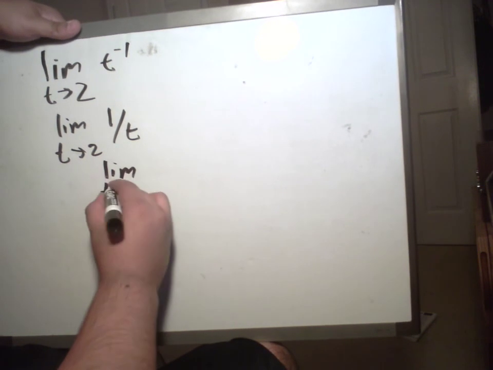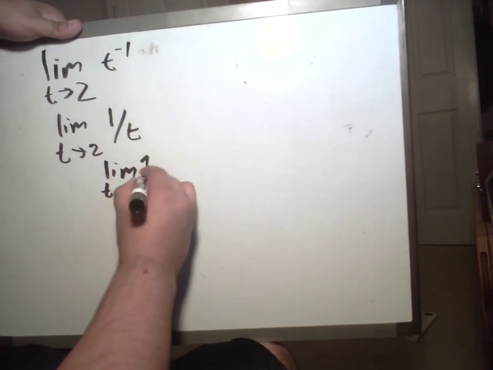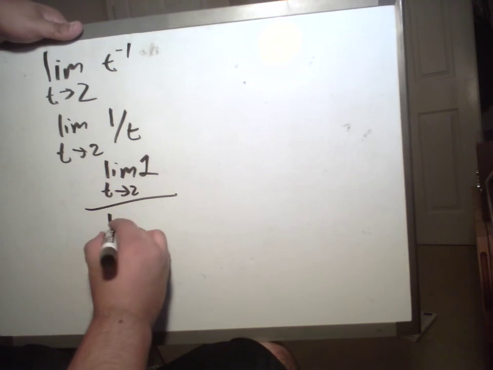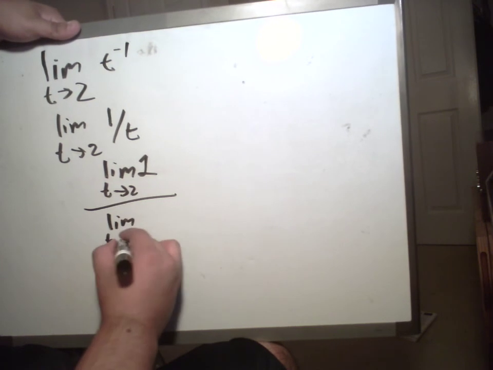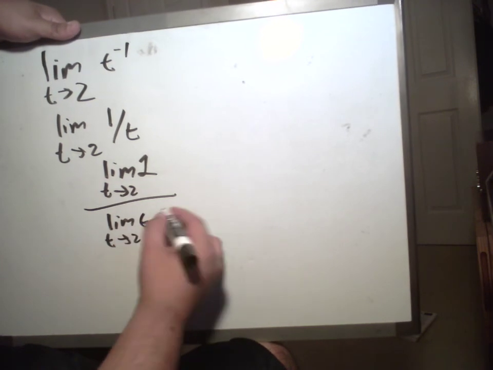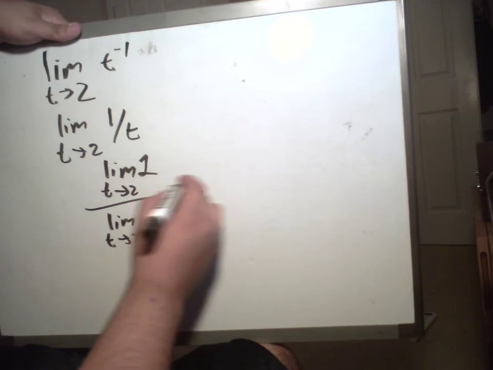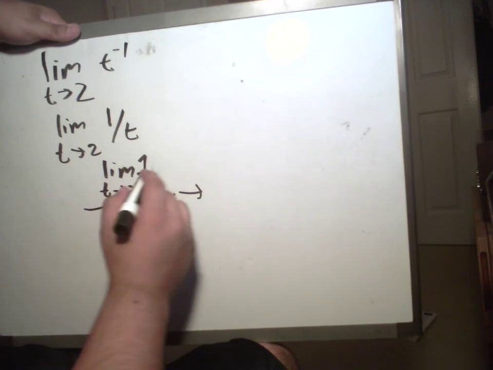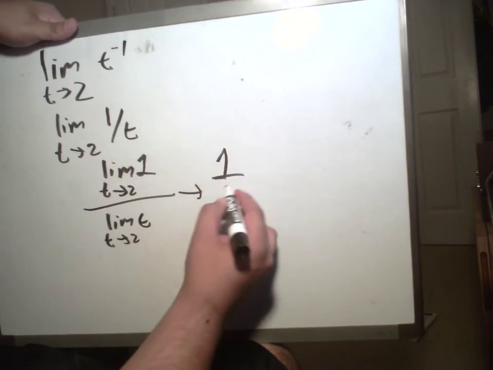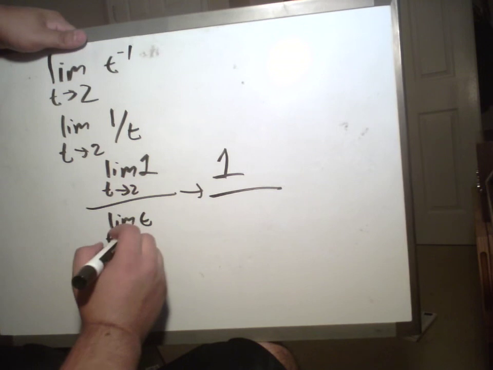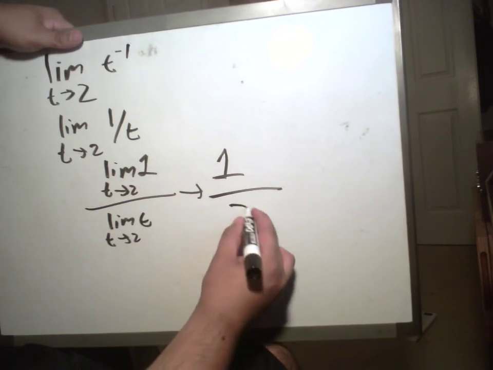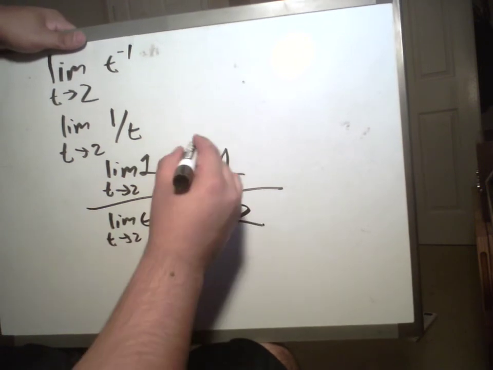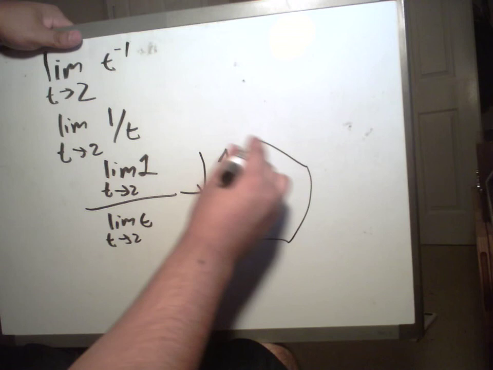Limit as t goes to 2 of 1 all over the limit as t goes to 2 of t. What we get is, remember, this one's just going to be a limit of a constant, so it's just that constant. And then we're going to plug in the 2 into the t on the bottom, so we just get 1/2. That's our answer for theirs.